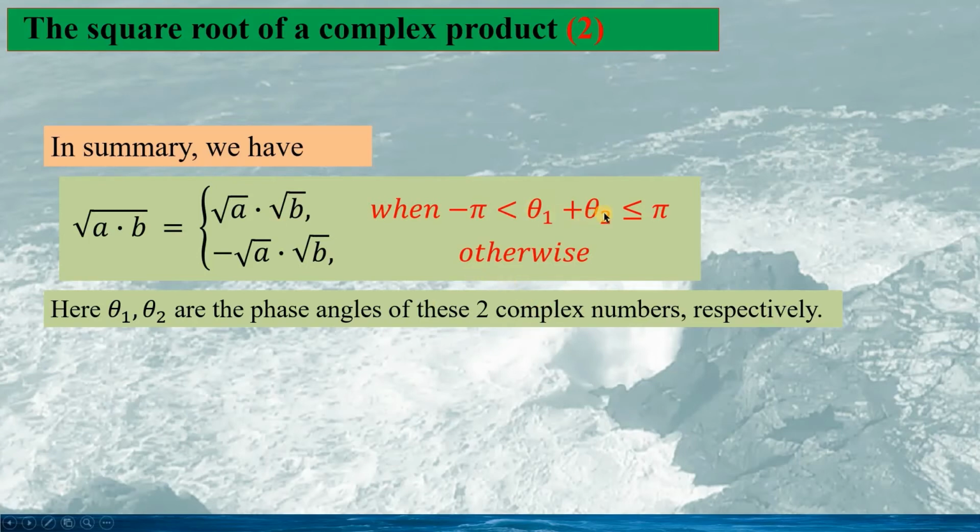If theta 1 plus theta 2 is not within the limit of the principal value, we should have the expression for this. Here there is a minus sign, and we put the first situation as number 1 and the second scenario as number 2. We will see this difference in the following calculation.